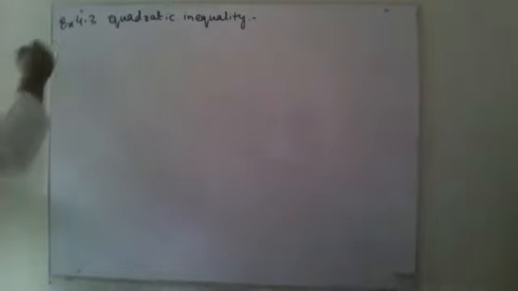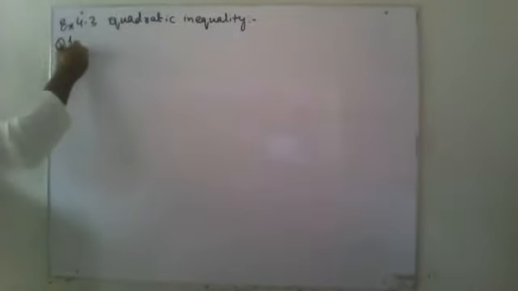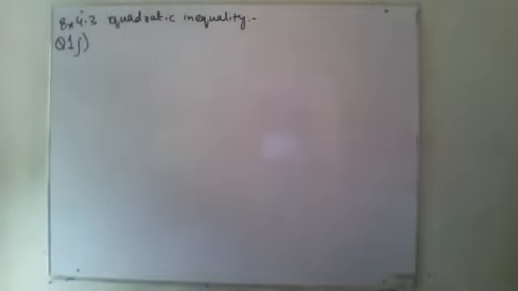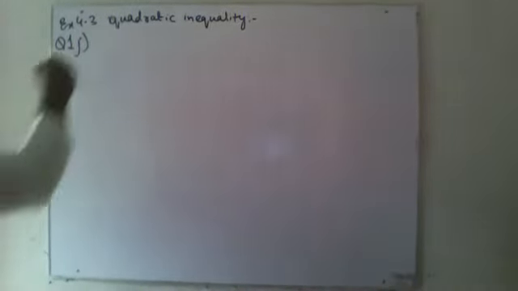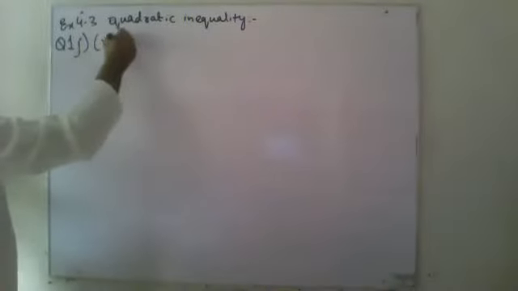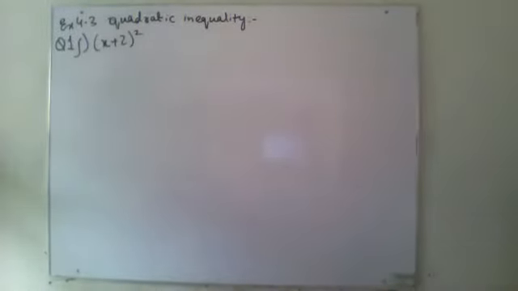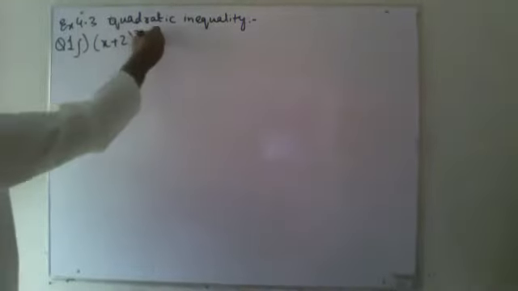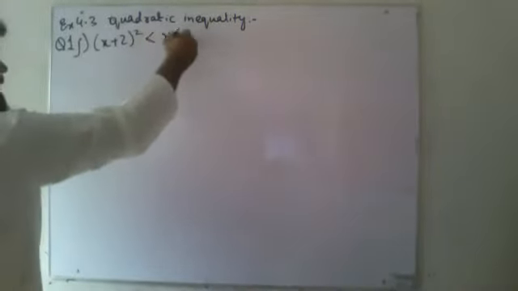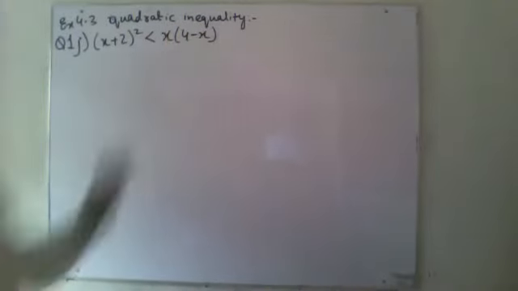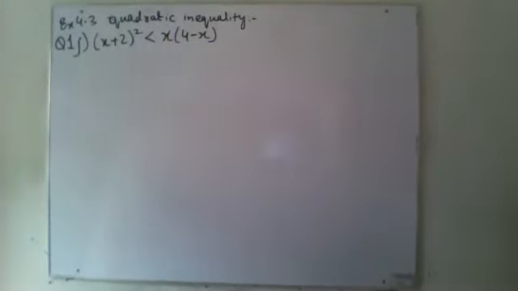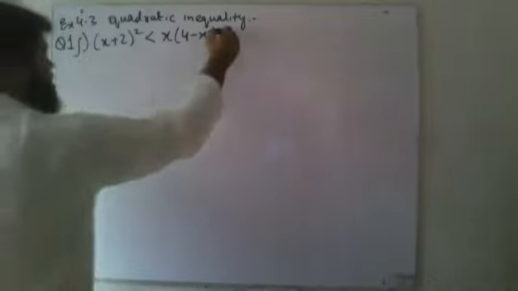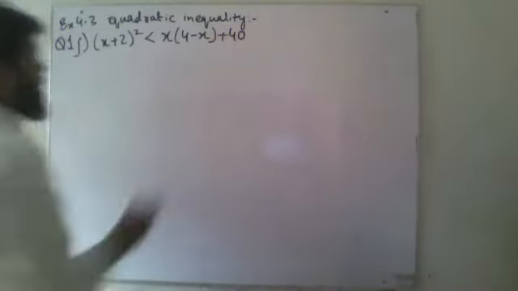Okay, so now I'm going to complete question number 1J. The question says that x plus 2 whole square is less than x into 4 minus x plus 40. This is the question given to me.